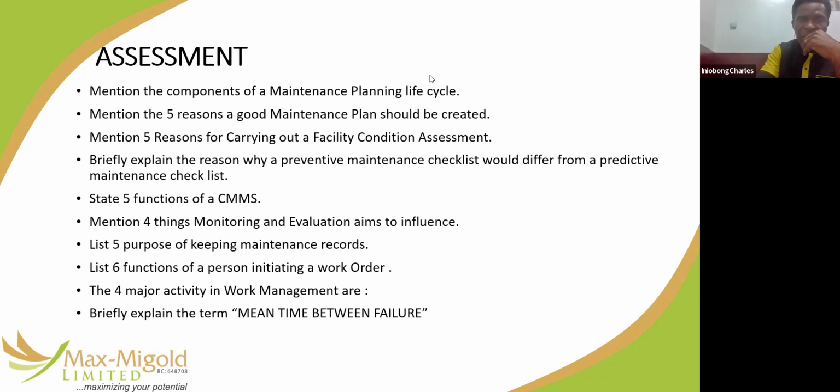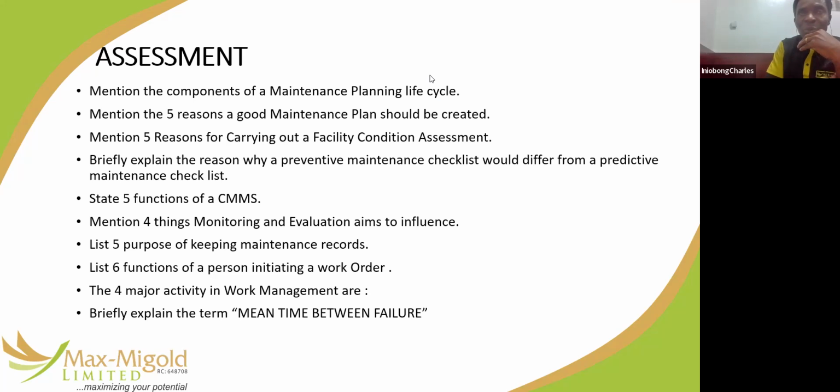Okay. Yeah, mean time between failures is the frequency of failure of a particular asset. So when you have a failure today and tomorrow you are still having failure on that asset, at the end of the day, you want to count how many times that asset failed, and you check the mean time, the shortest.